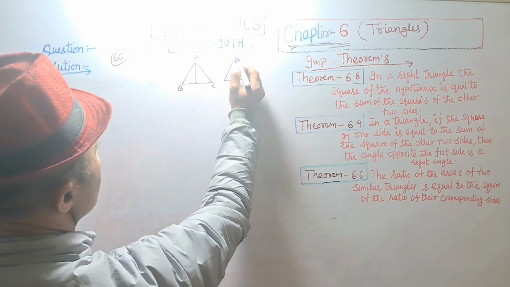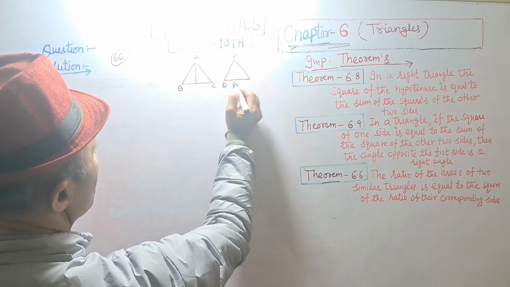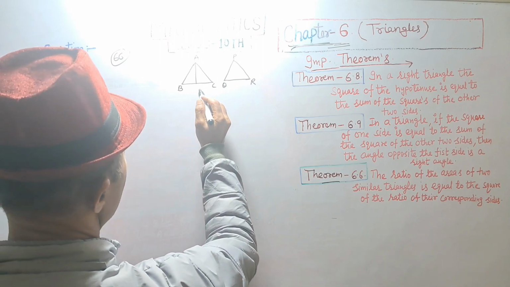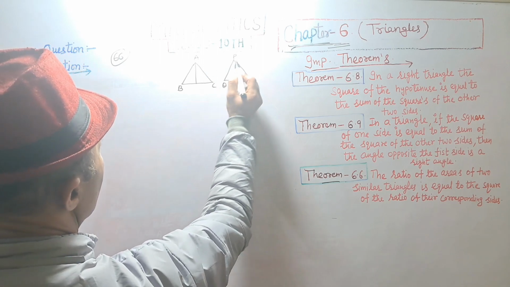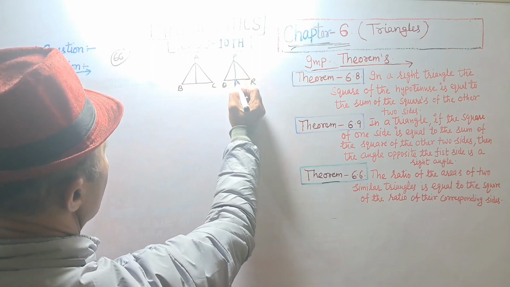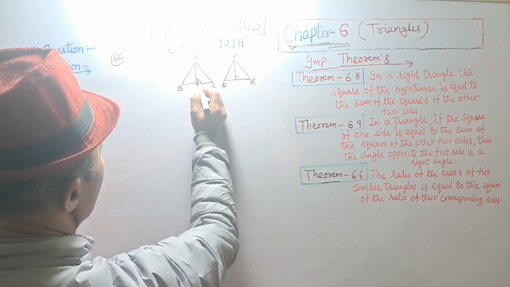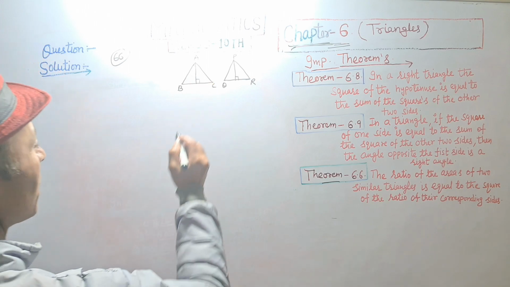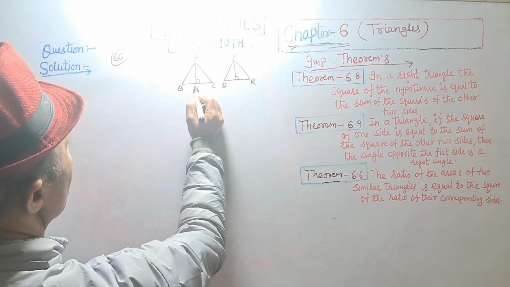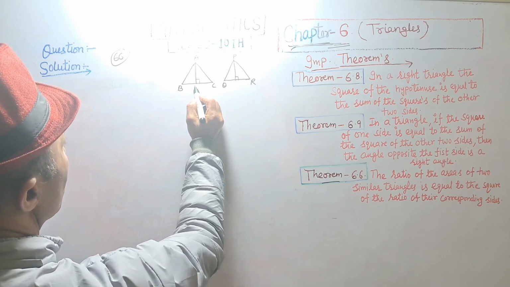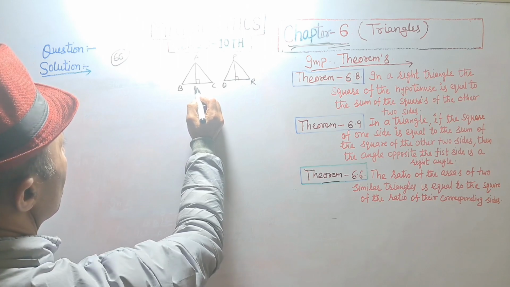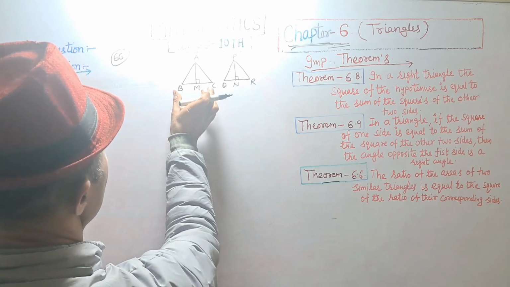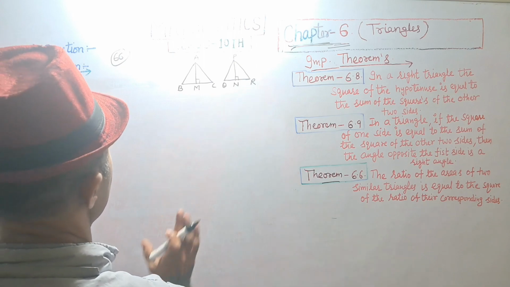Triangles A, B, C, P, Q, R. AM and PN are perpendicular to BC and QR.